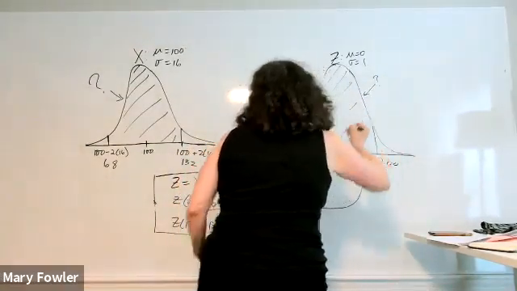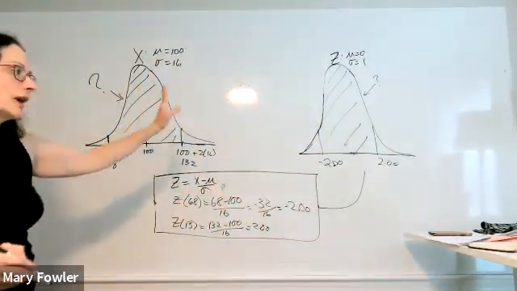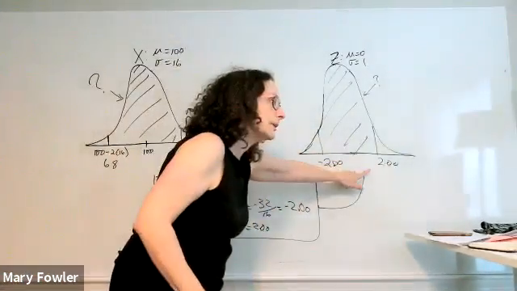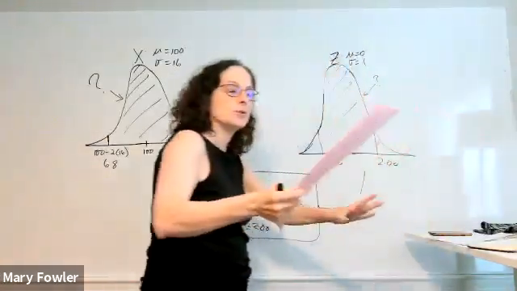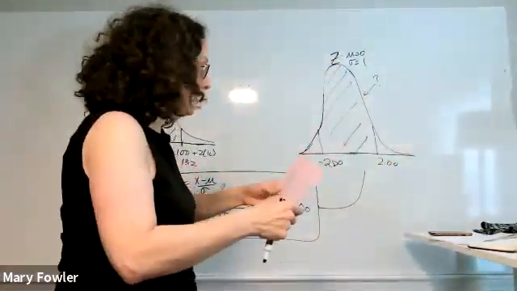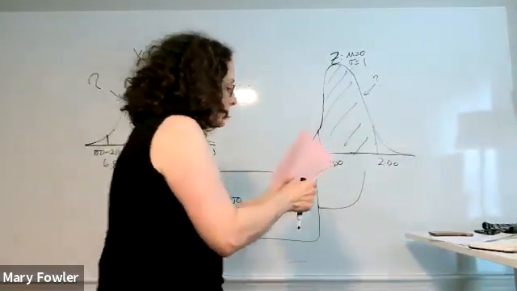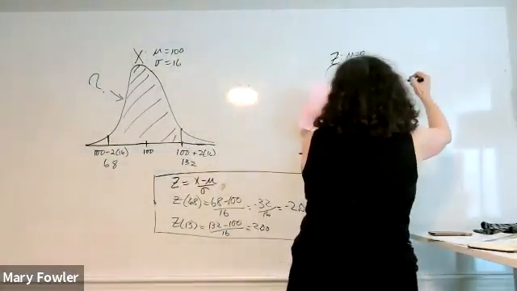What we want to do is find the area in the bounded region between -2 and +2. Let's go back over to the formula cards: 2 direct lookups and a subtraction.